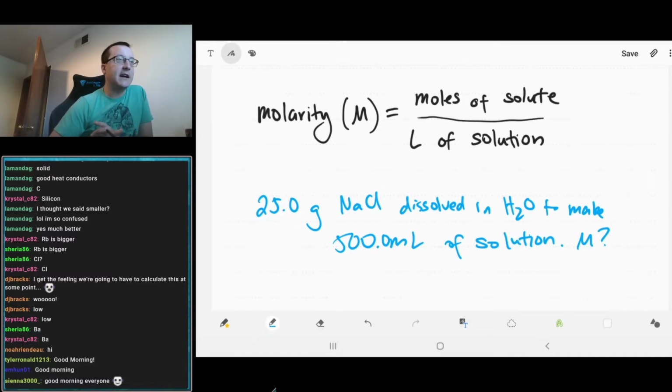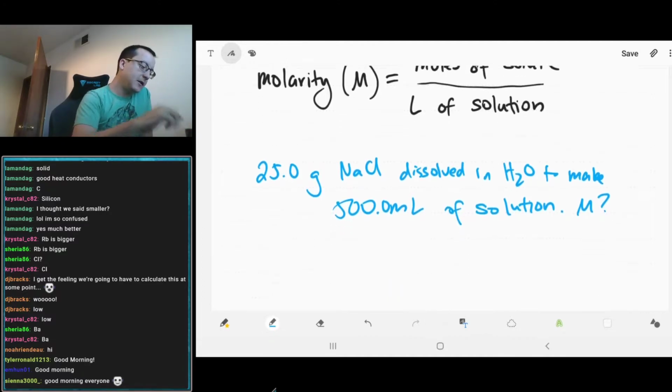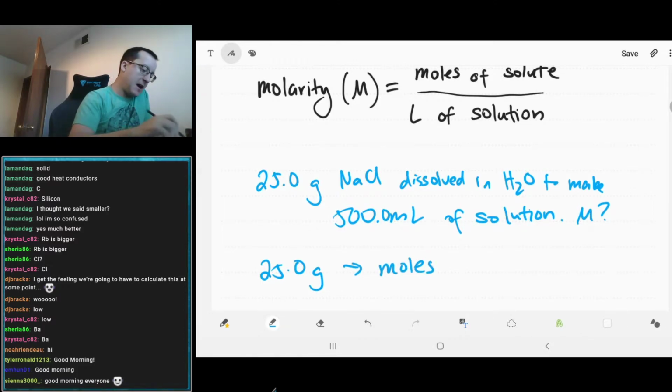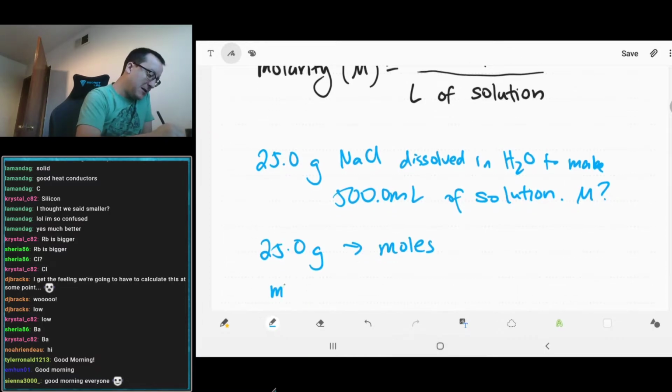What we need to understand here is that this is just units that we need to work with. As always, we're never, ever, ever going to forget our unit conversions, right? So we need to get this 25 grams into moles, and we need to get that milliliters into liters.